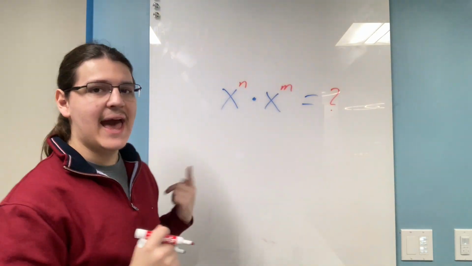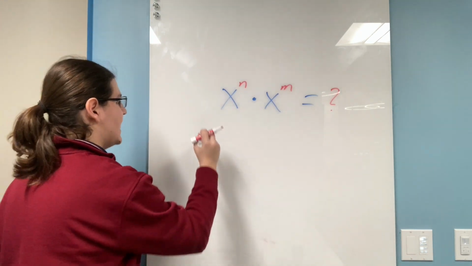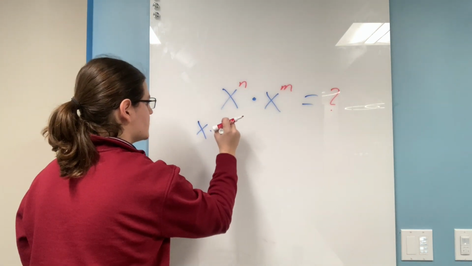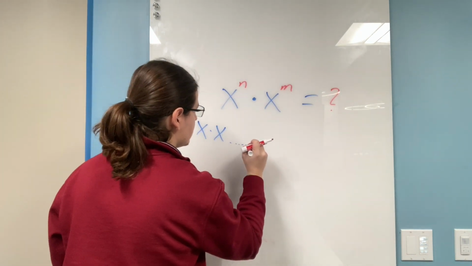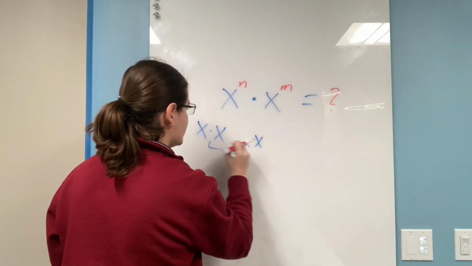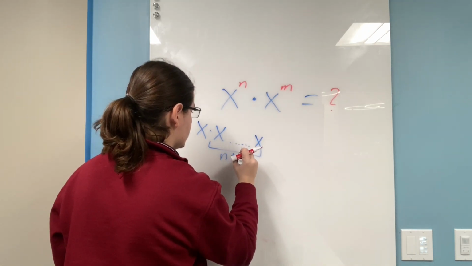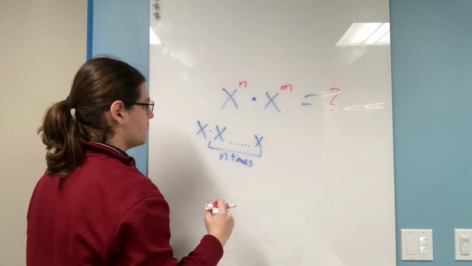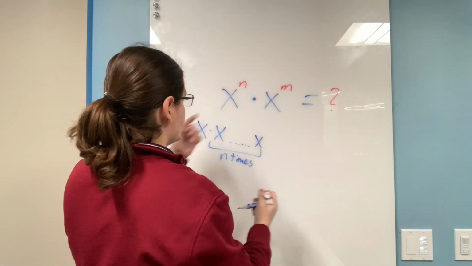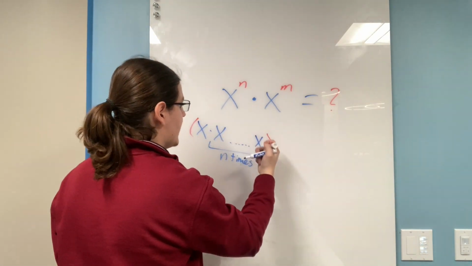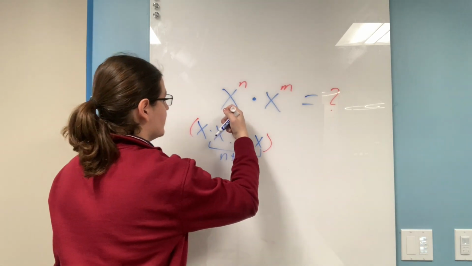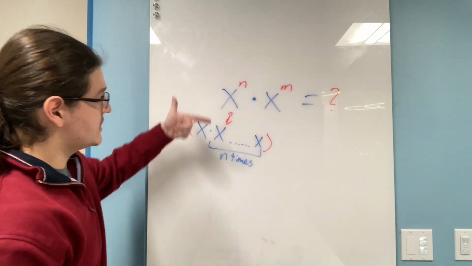Well, x to the nth power is just x times x, n times. And because we're just multiplying, I'm going to put brackets around that. These two are the same thing.